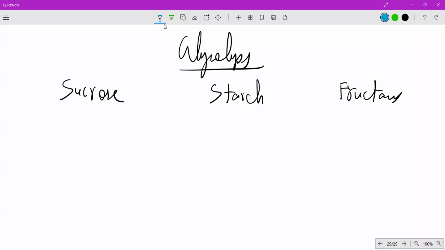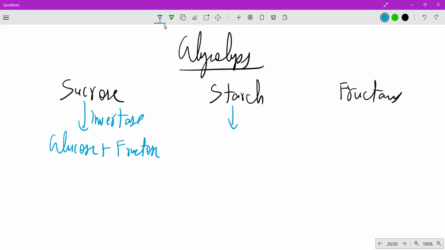And we know we have enzyme called invertase. Invertase can break down sucrose into glucose plus fructose. And what is starch, by the way? Starch is a polymer of glucose. Glucose, glucose, glucose, glucose.